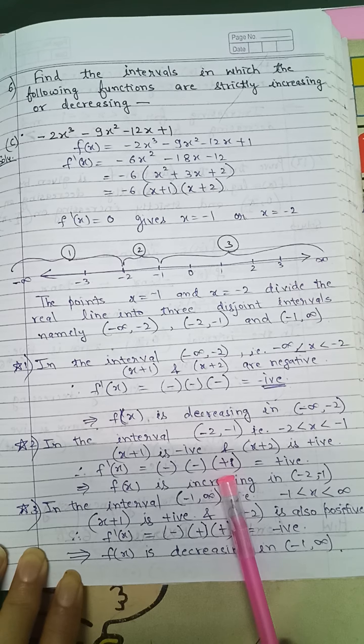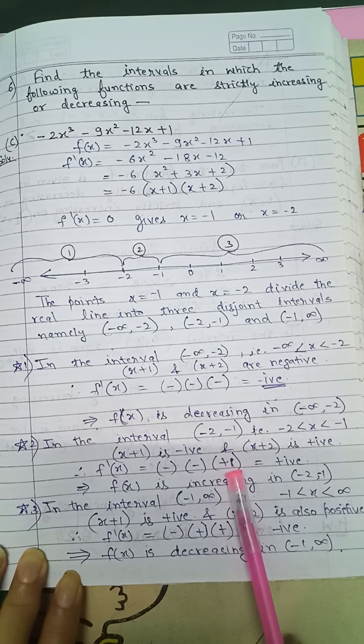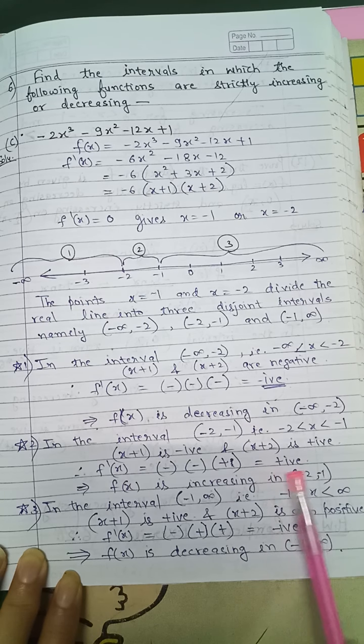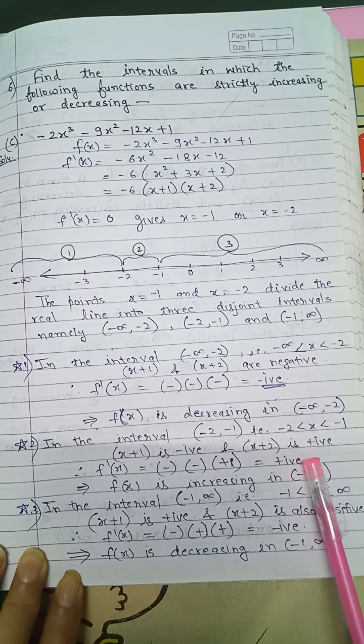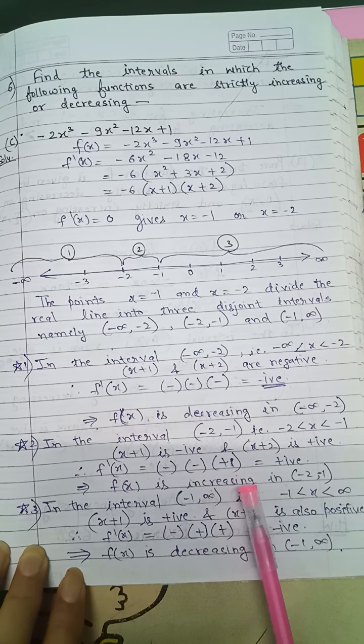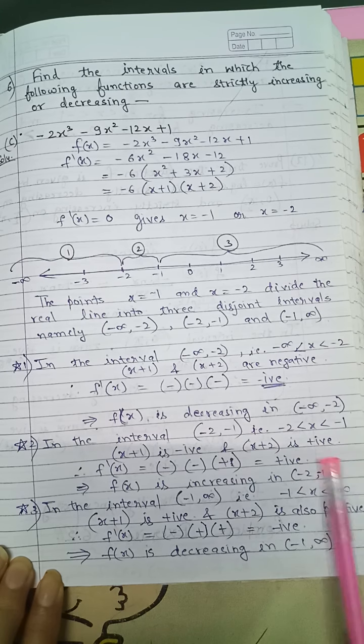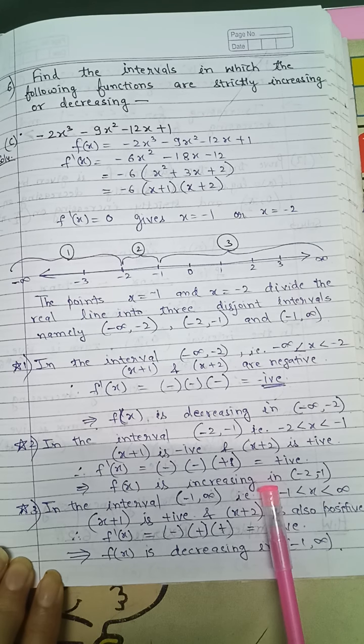So this is positive. Minus into minus is positive, plus, and plus into plus is again plus. It means we are getting the final result as positive. So this is positive, so f(x) is increasing in minus 2 to minus 1. Here it was decreasing, here it is increasing.